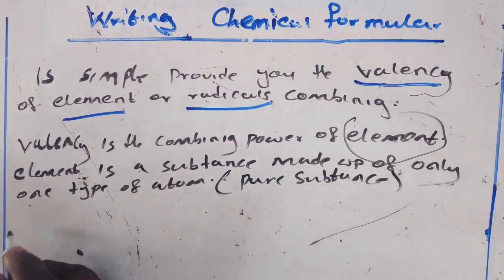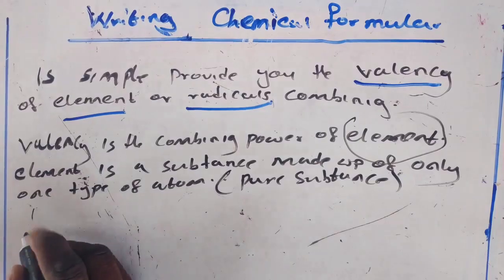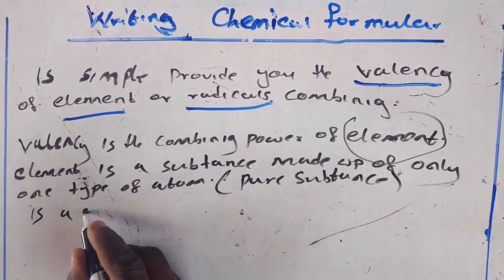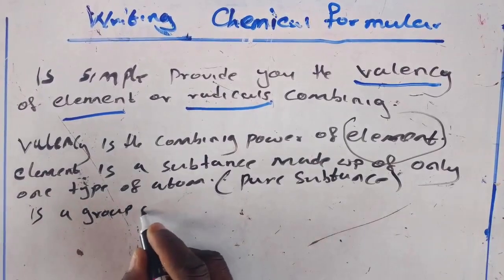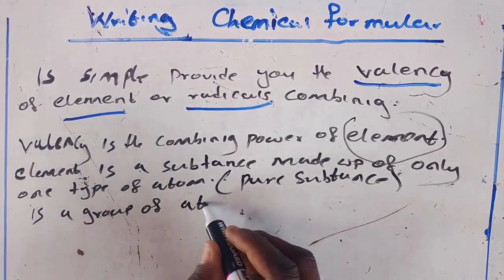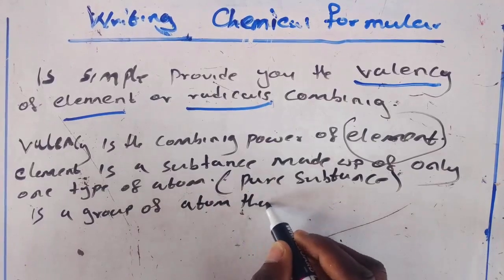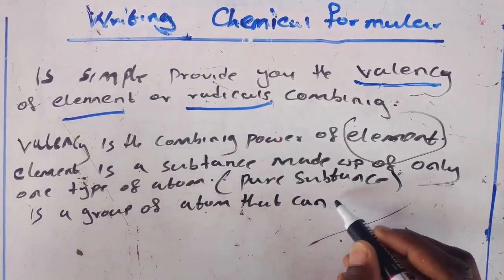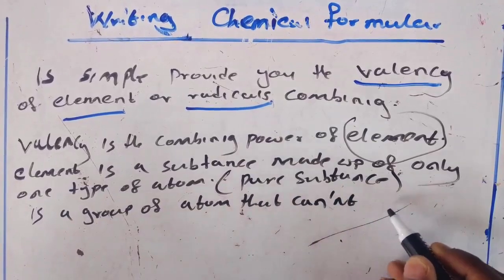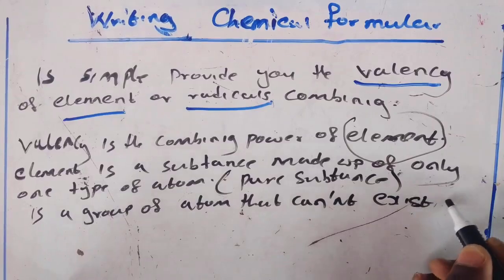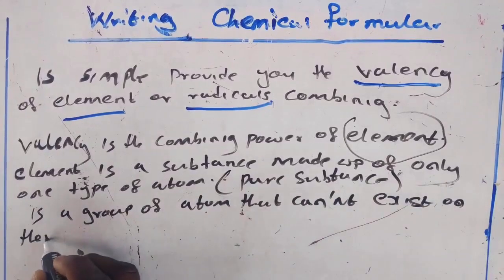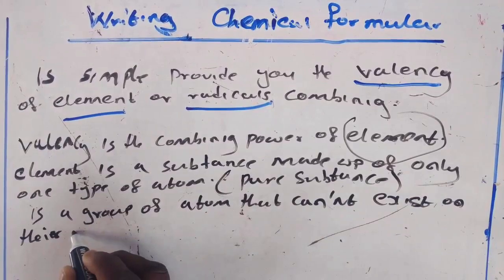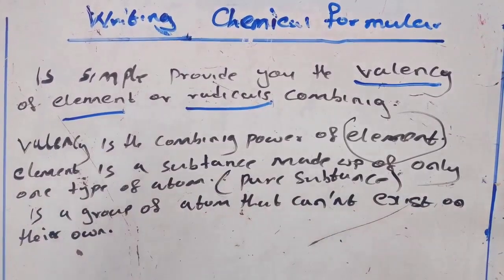So a group of atoms that cannot exist on their own are called radicals.